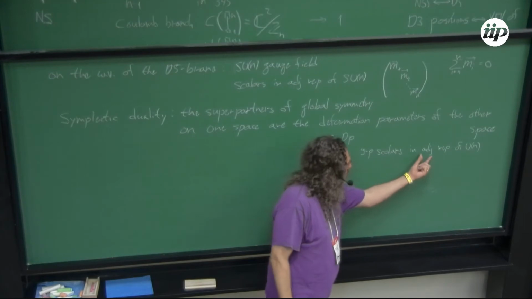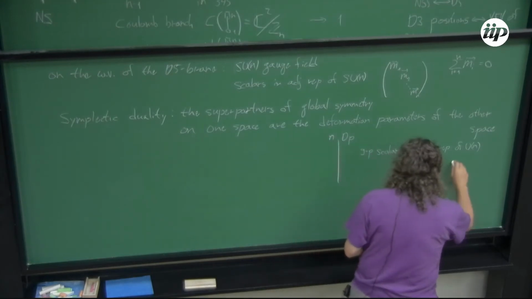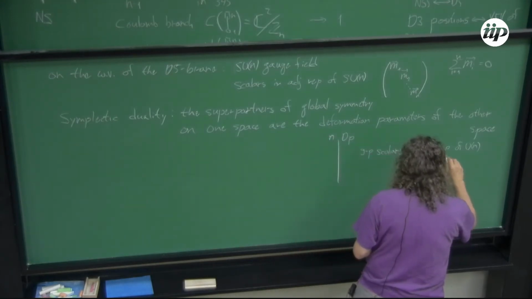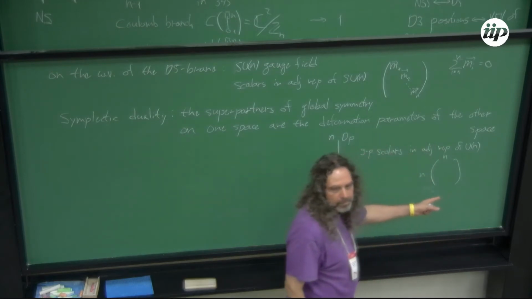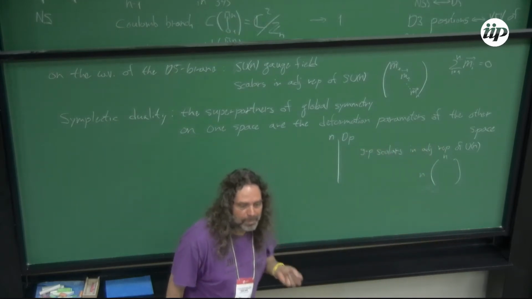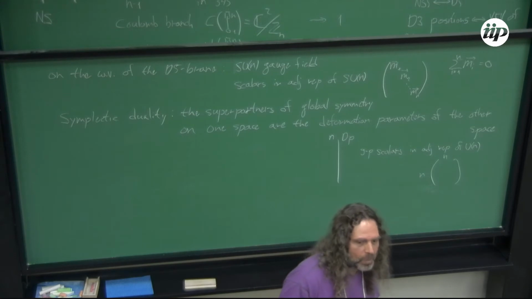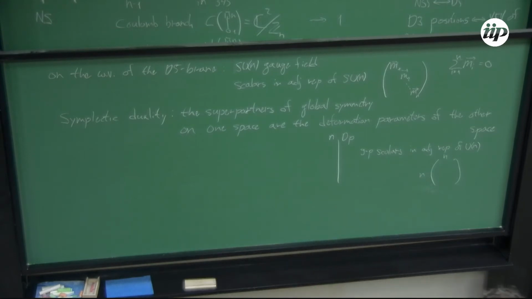Since it's in the adjoint representation, I take an n by n matrix, and because of the supersymmetry, I'm also allowed to diagonalize it. And the eigenvalues are those which get the physical interpretation as the positions of the branes. So that's what I did. I just used one of the first steps that we do in understanding dynamics of branes.